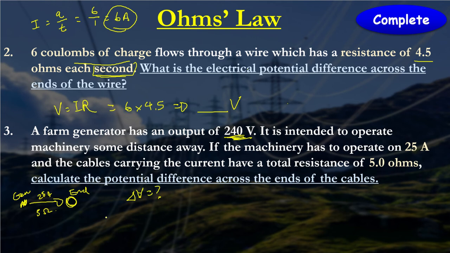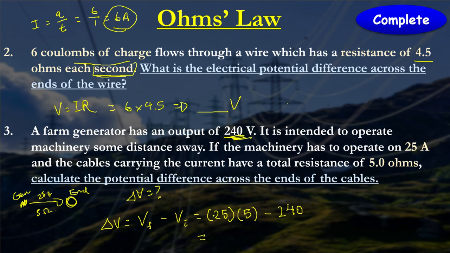So potential difference is what we had as the final minus the initial. So the final voltage that we're dealing with is a component of the current times the resistance subtracted by the 240 volts that we used.